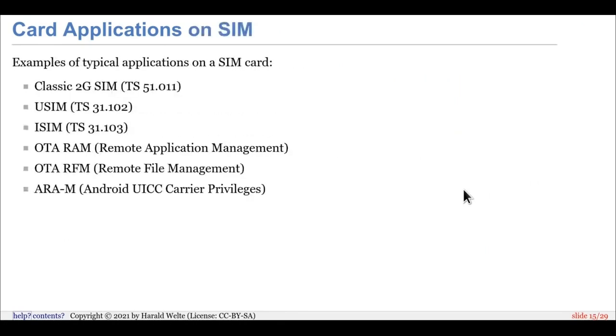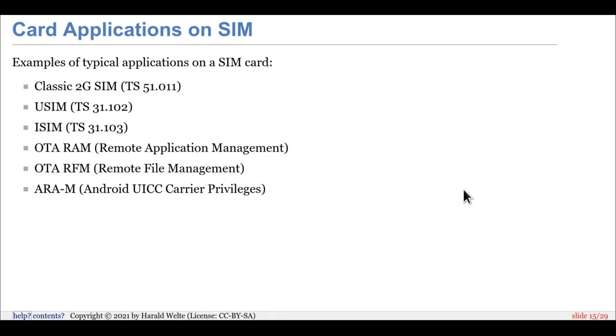Now, what kind of card applications do we have on a SIM card? Typically, it's a combination of some of these today. So we have the classic 2G SIM application that was used for 2G networks and still exists on most cards for backwards compatibility. Then we have the USIM application for 3G and beyond. We have the ISIM for IMS. It's not mandatory, so you can do IMS or VoLTE without that one, but still it is present on some cards.